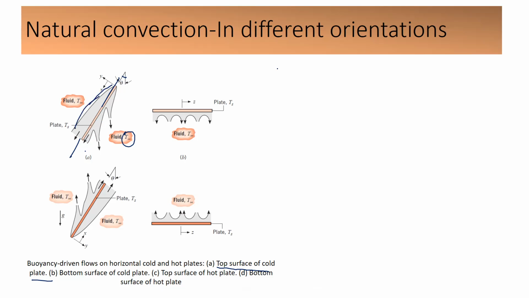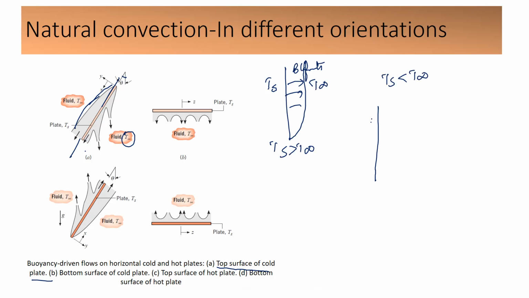Before that, just have an observation. Like in the previous class, I have said, if this is a heated plate, this will be the pattern of the boundary layer formation. But what if Ts is greater than T infinity, and what if Ts is less than T infinity? How would the shape of the boundary layer be?